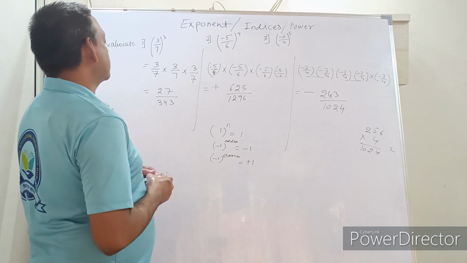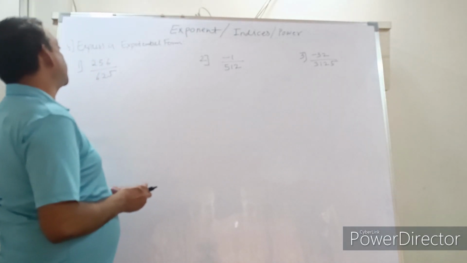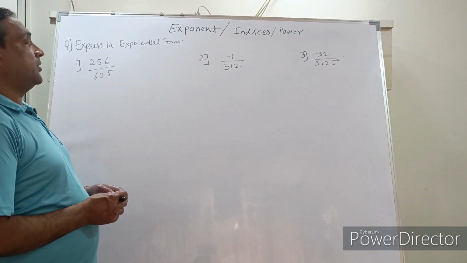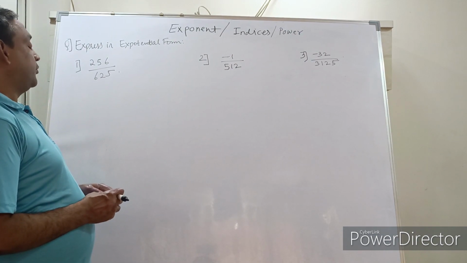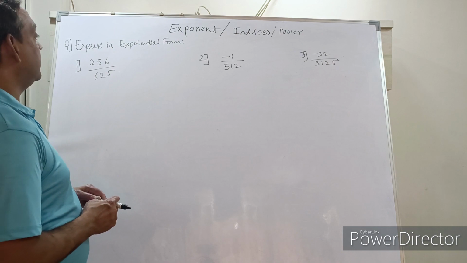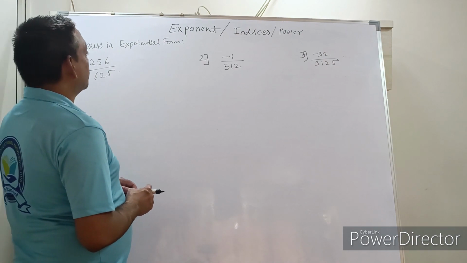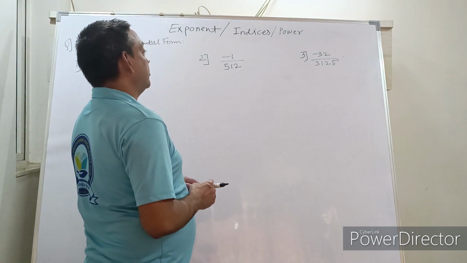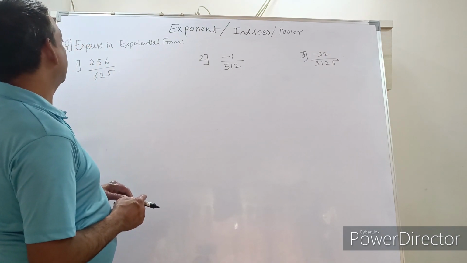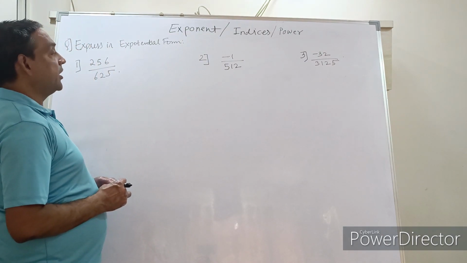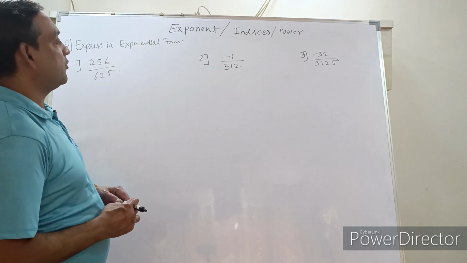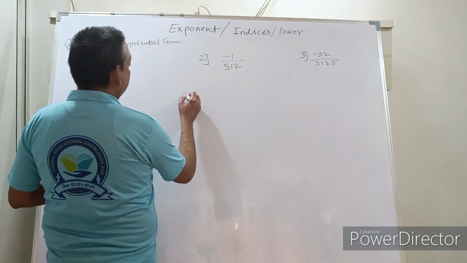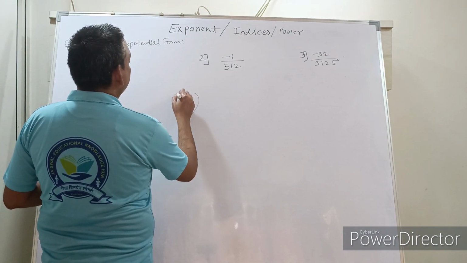Okay, let's do a few more sums. Next part is express in exponential form. Like in the last part we did, they had given the exponential form and asked us to simplify and evaluate. Here they have given the simplified form and we want the exponential form. Exponential form means something raised to a power, like (a upon b) raised to m form.